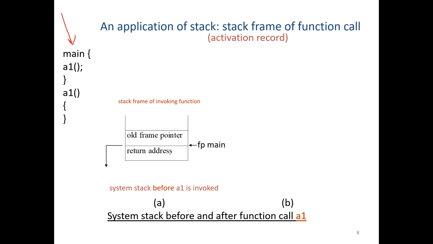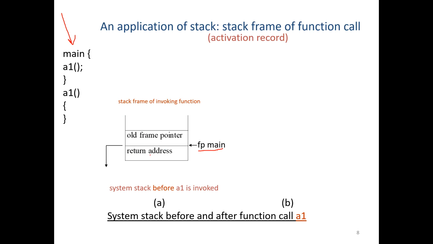Now, this is when main is called by the operating system. The invoking function is the operating system. The system stack is used. This is before calling A1. The operating system function calls main, and at that time this is the situation. This is the frame pointer for main.